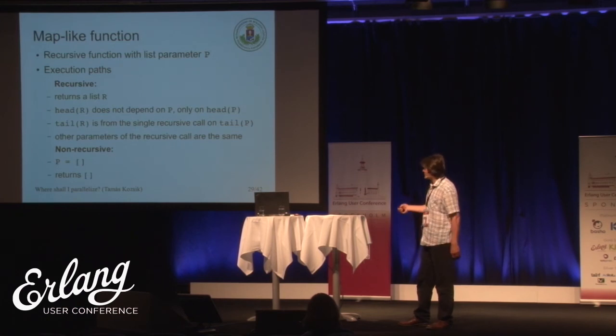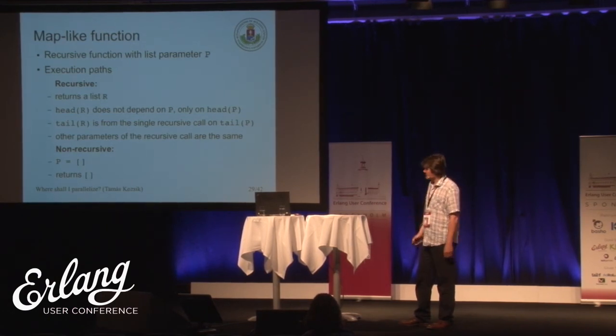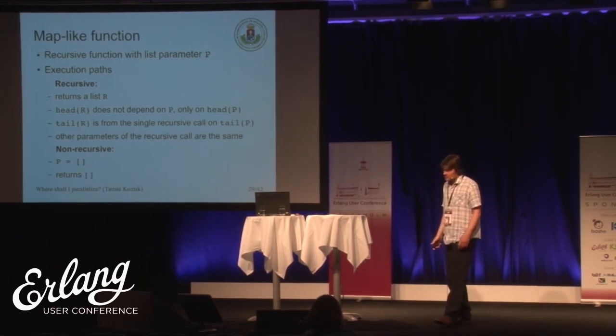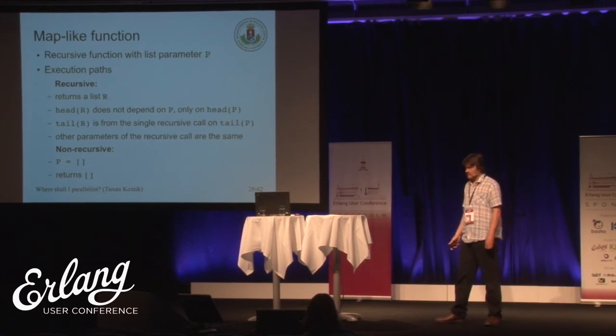And other parameters of the recursive call should not be changed when we call the function recursively again. And for the non-recursive execution paths, we require P to be the empty list, and the function should return the empty list. So this is a characterization of map-like functions.